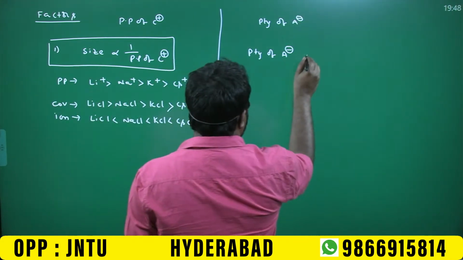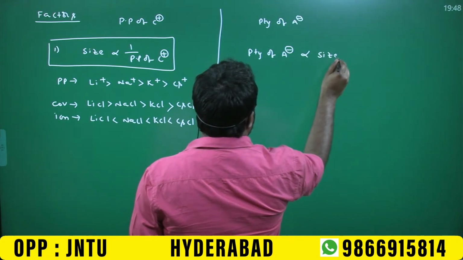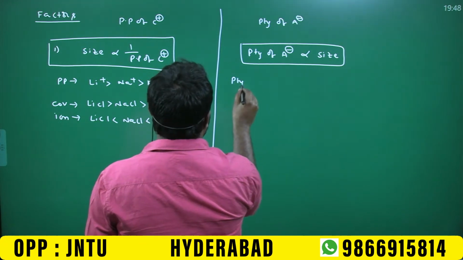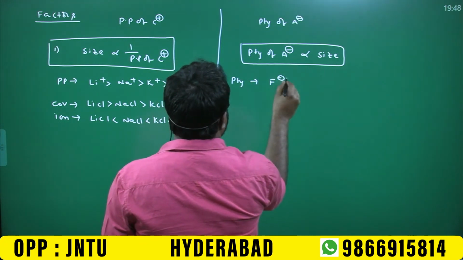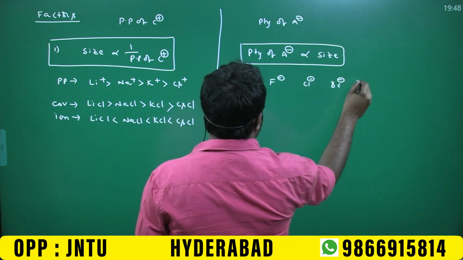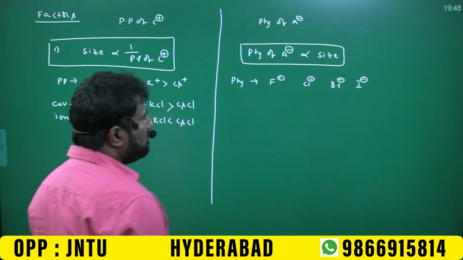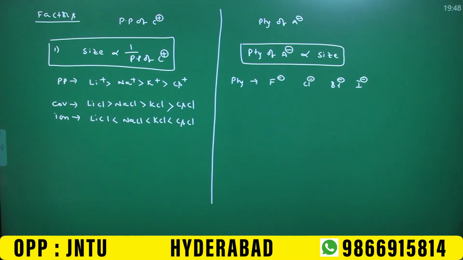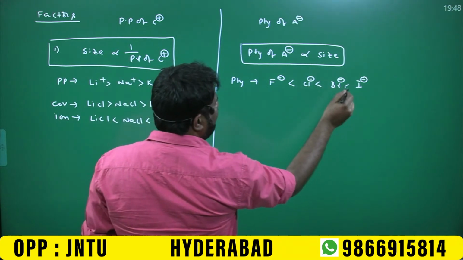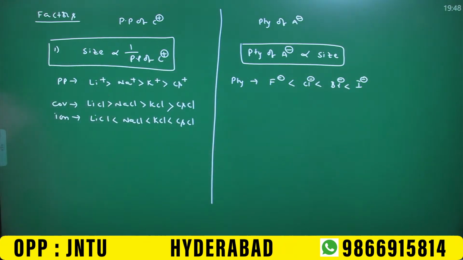For polarizability order, F minus, Cl minus, Br minus, I minus, which has more? I minus. So F minus less than Cl minus less than Br minus less than I minus.